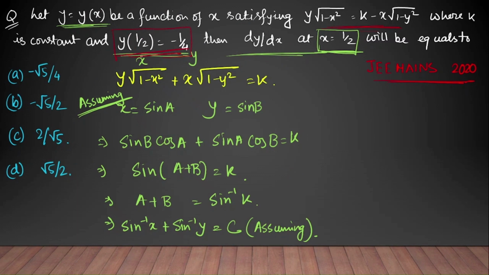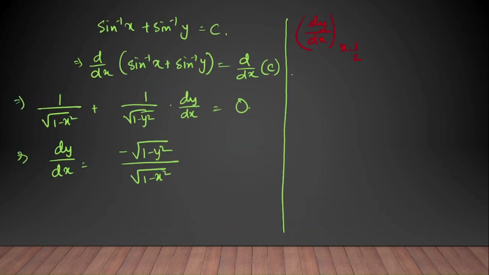if the value of x is half, then the value of y will be minus 1 by 4. It is given over here as it is. So if x equals to half, then y will be minus 1 by 4. So we put the value of x as half and the value of y equals to minus 1 by 4.